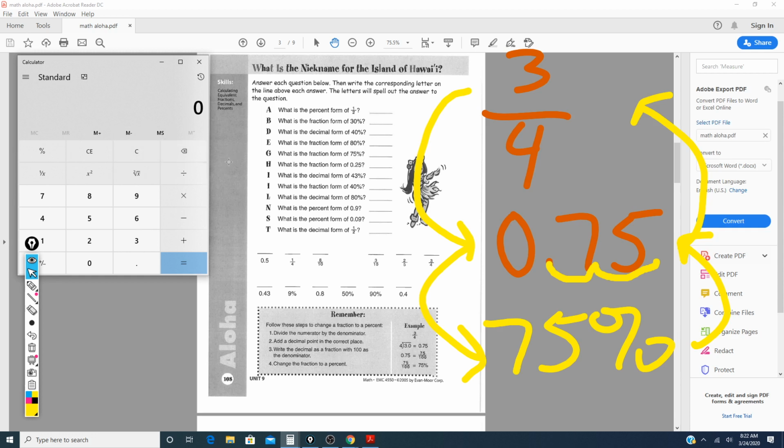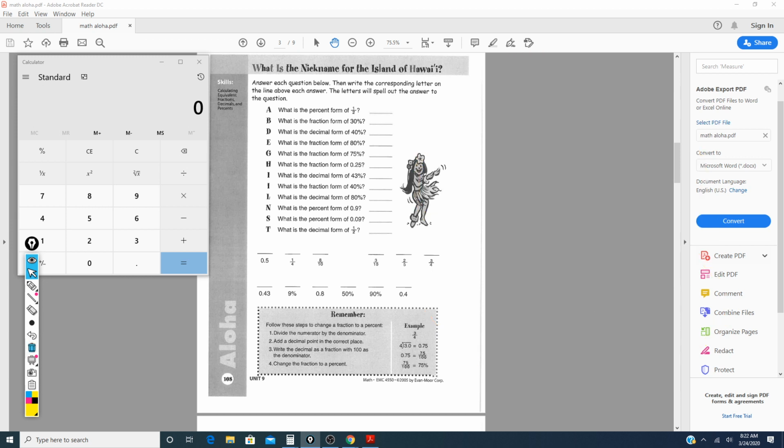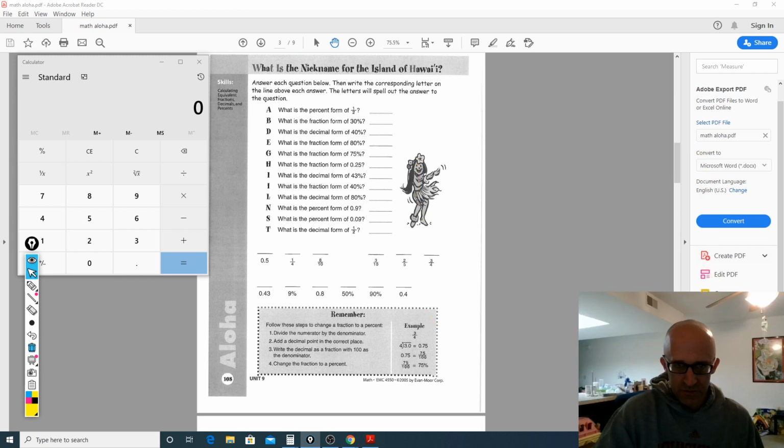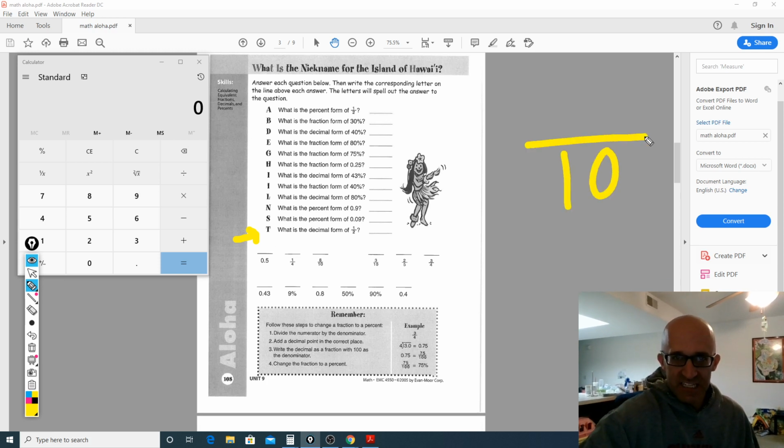But definitely with this whole aspect of changing a fraction to a decimal, if you don't know the quick part off the top of your head, like in the instance of what's the decimal form of 1/2? Well, it's half. Half is 50%. If you get a 50% on a test, that means you got half the questions right. So if out of the 10 questions on the test you got a 50%, you got half of your questions right.